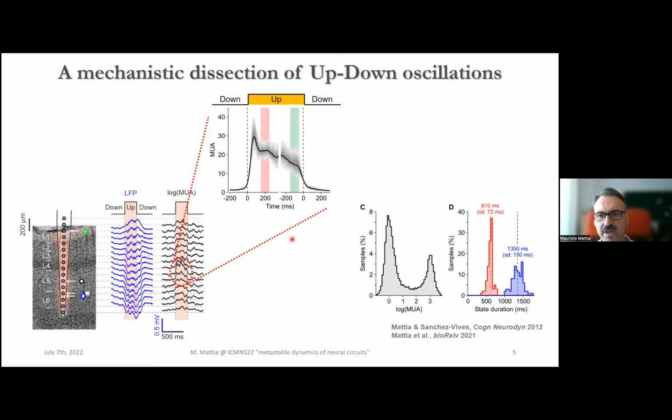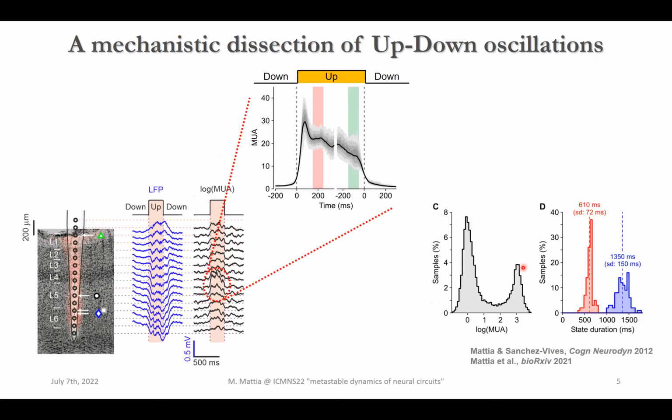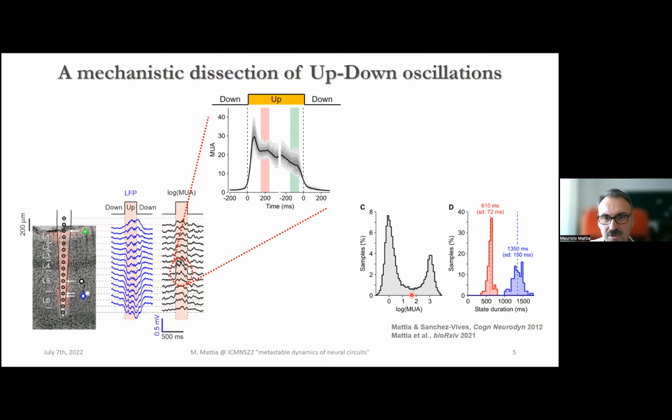And what is nice here is that if you have a look at the distribution of the multi-unit, so the firing rate of the cell assembly, you see that the distribution is bimodal. And the residence times in the down and in the up, at least under this anesthetic condition, are relatively regular. This is the distribution of the duration of the up, red, and the down states. So this is very reminiscent of an example of a metastable state.